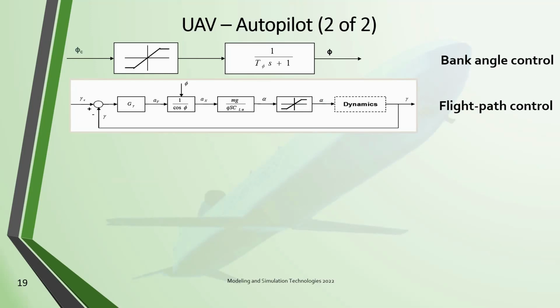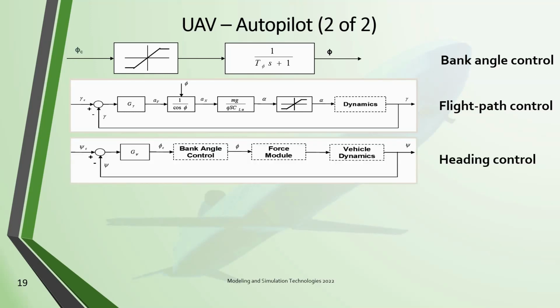The difference between the commanded flight path angle and the measured flight path angle is sent into a gain that converts it into an acceleration. The banking of the UAV is compensated, and that acceleration is converted into an angle of attack, limited, and that angle of attack then drives the dynamics of the UAV.